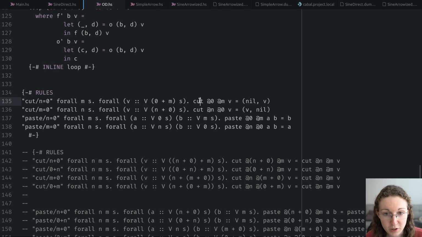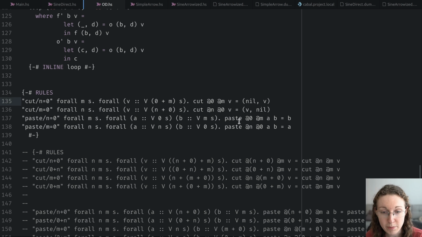So we're saying that if we're applying cut to some vector v, and the type of v is 0 plus m, then we're going to have a cut application where the first type argument is 0, the second one is some natural number m. Then we can rewrite that just directly to a tuple where the left-hand side is nil, and the right-hand side is v, because we know that this is an identity that always holds.